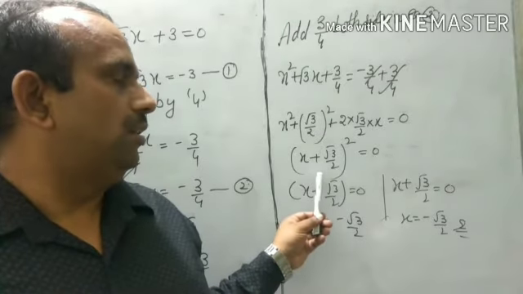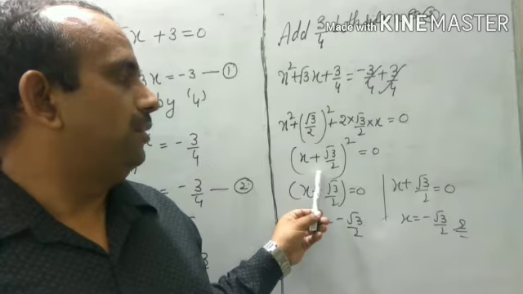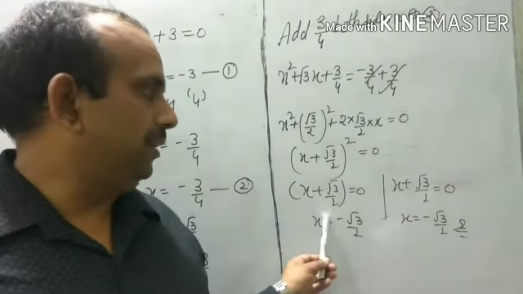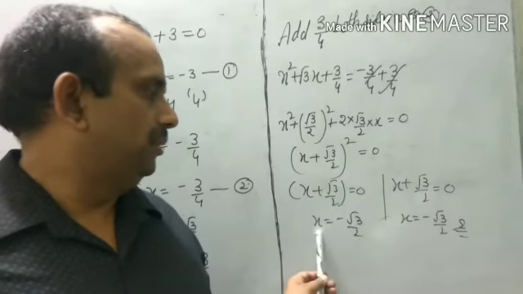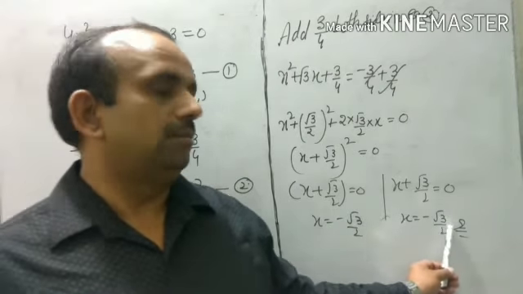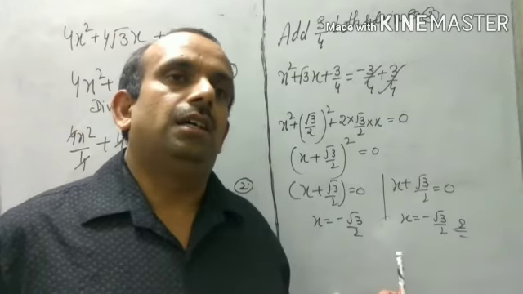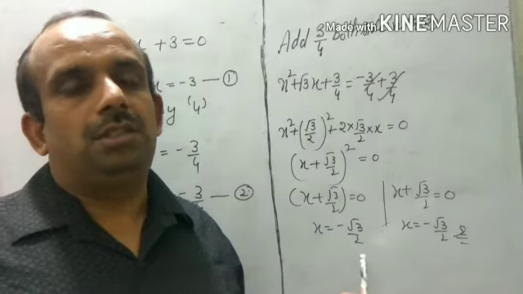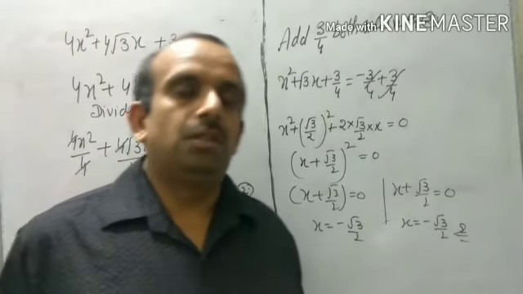This side, after completing the square, becomes 0. So we have repeated roots. x will be equal to minus root 3 by 2 and minus root 3 by 2. In this equation, it is a perfect square equation and it has a repeated root.